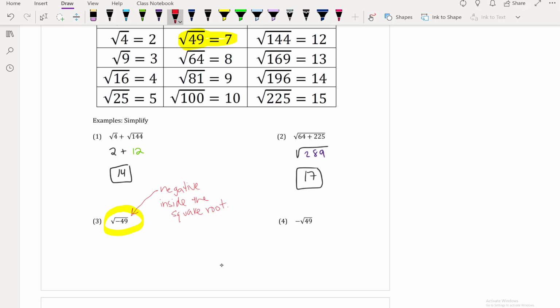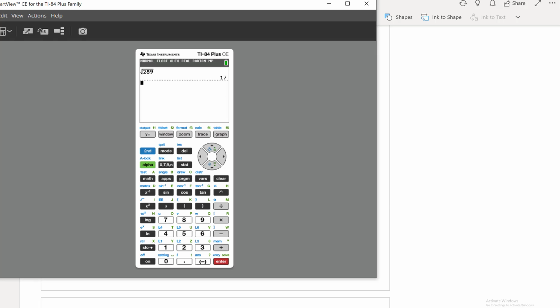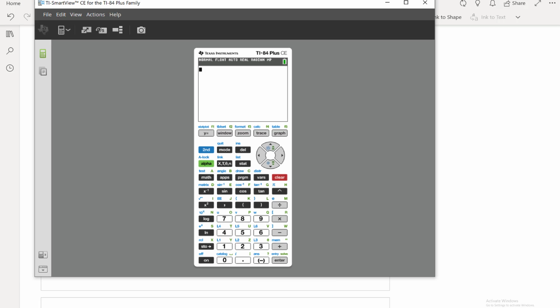If I were to plug in the square root of a negative 49, it gives me an error, non-real answer.